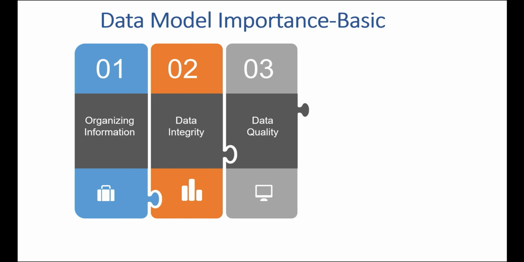Let's take an example: a telecommunication provider implements data validation rules and referential integrity constraints defined in a data model, which ensure the accuracy and consistency of customer billing information. This will reduce billing errors and improve customer satisfaction.